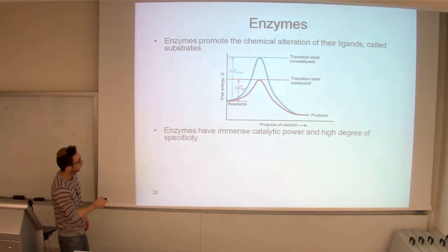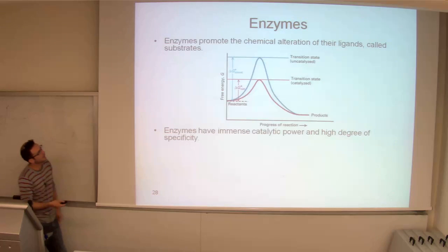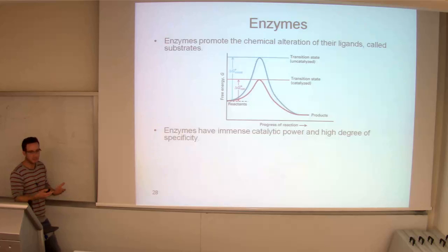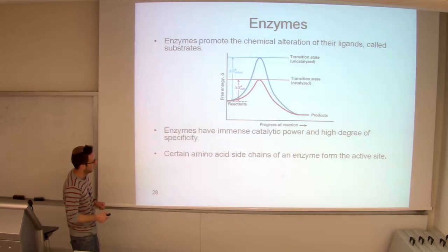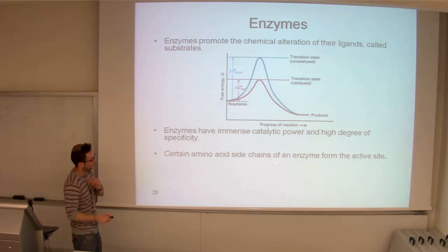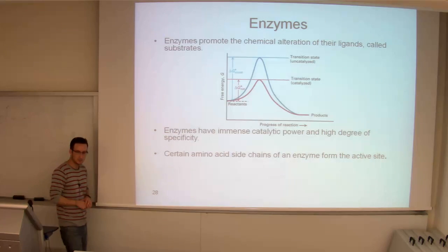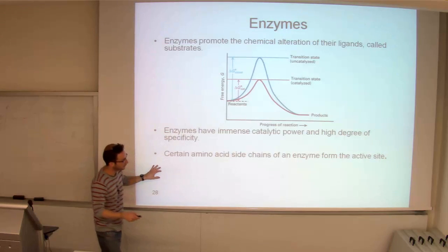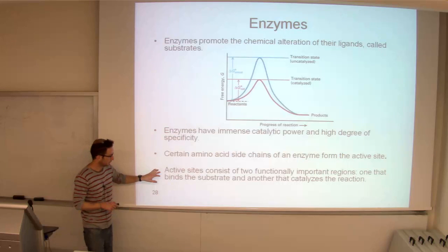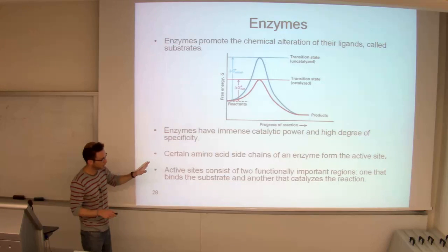And they have a high degree of specificity, which means that with any structural change in the ligand, it will no longer be recognized as a ligand. And certain amino acid chains of an enzyme form the active site, by definition. And the active site is composed of two regions.